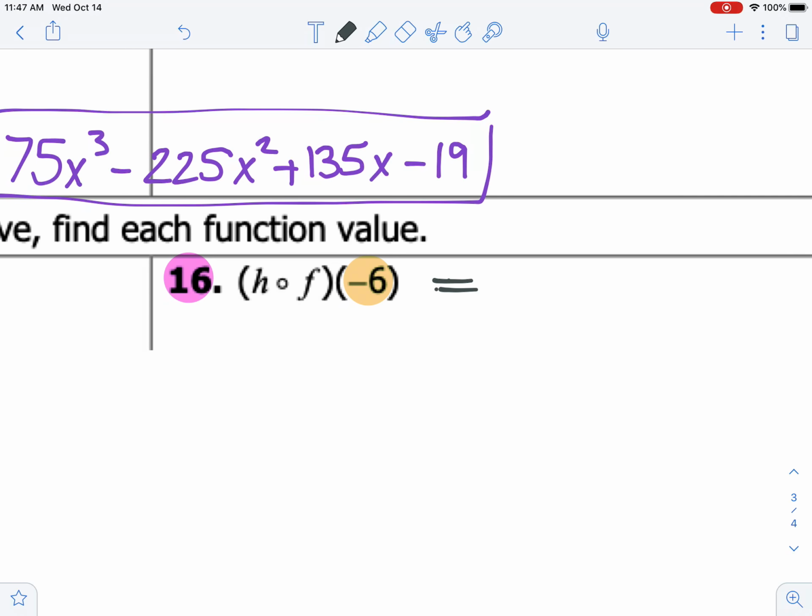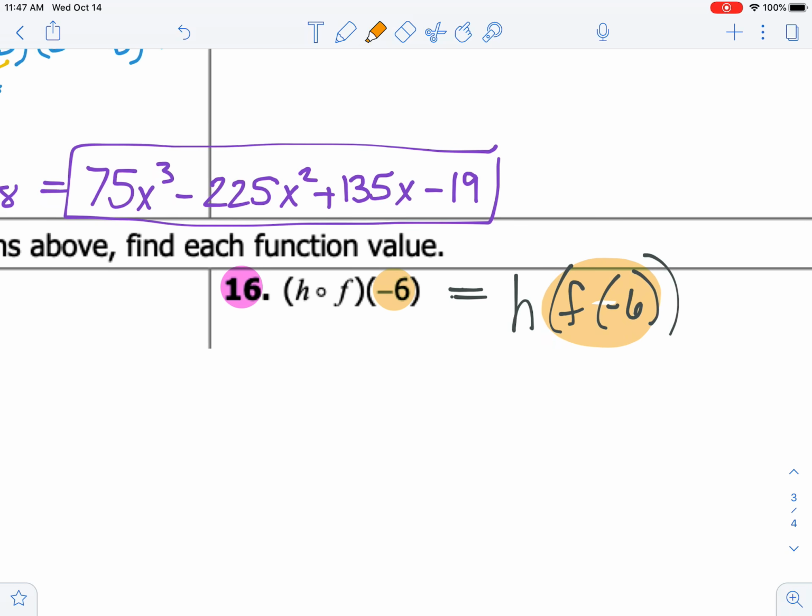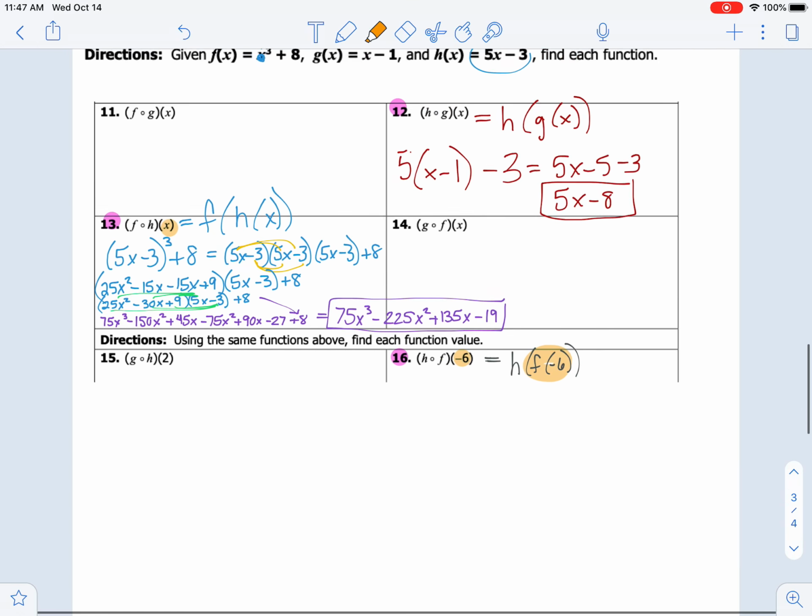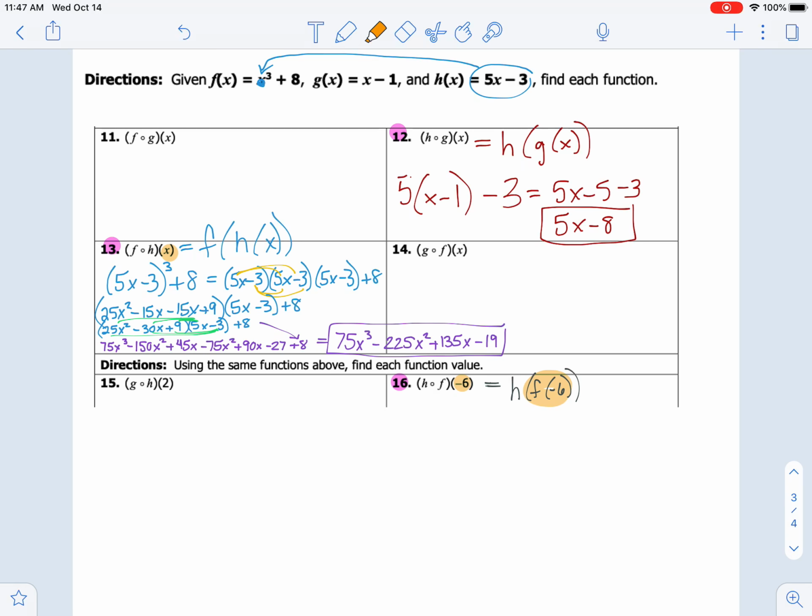I am going to plug in the 6 to f first because it's on the inside, and then plug it into the h function after I get a number out.